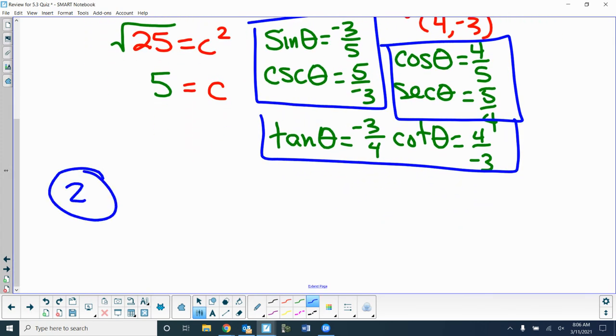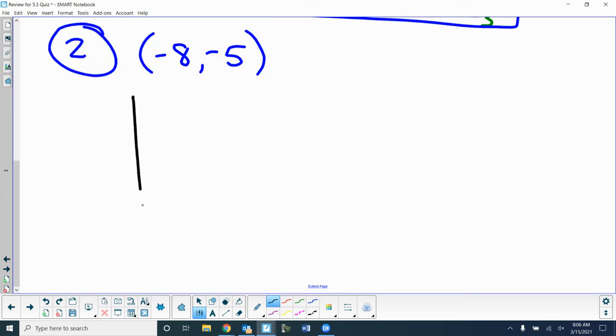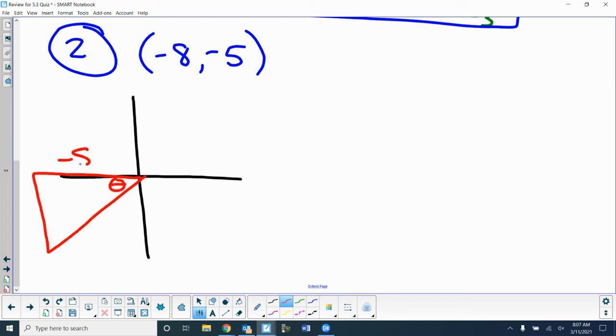So 2 was -8, -5. Okay? So -8, -5, I'm in the third quadrant, right? That's where that point is. So I know that side's -5, this side's -8.